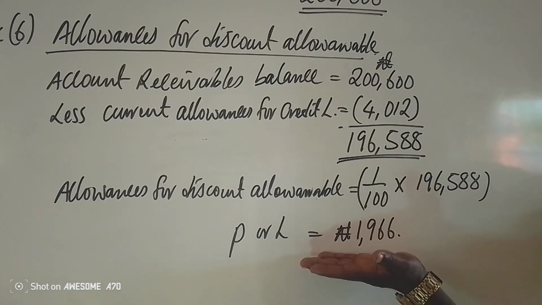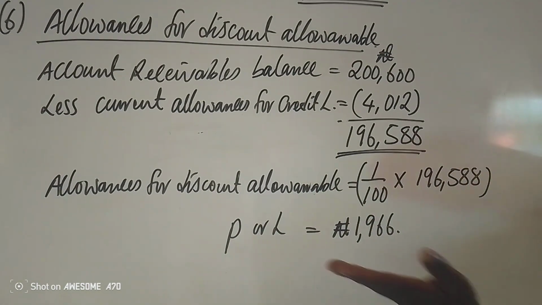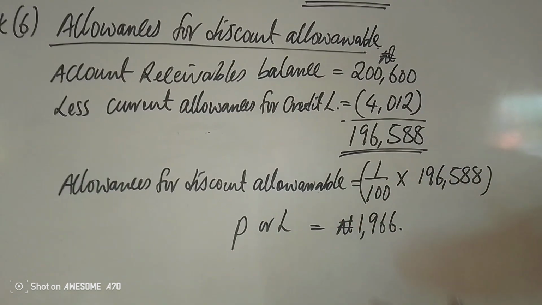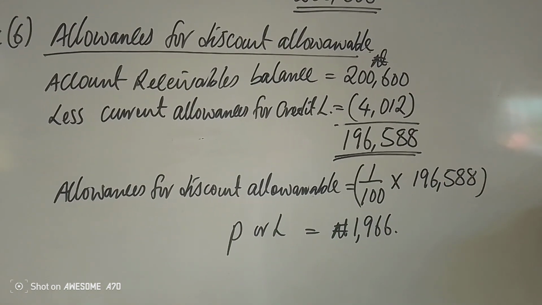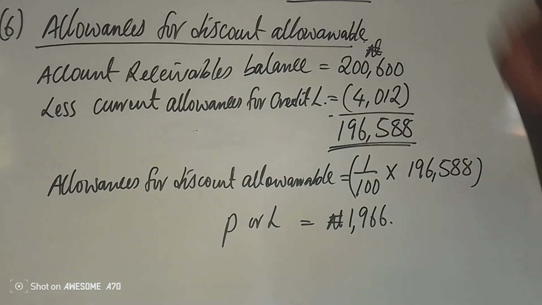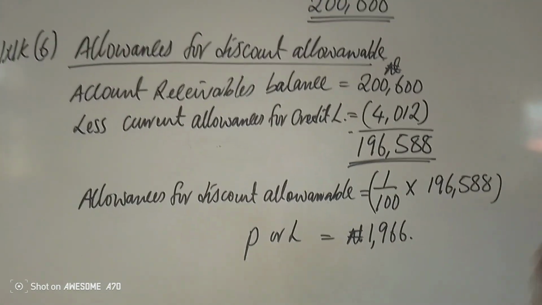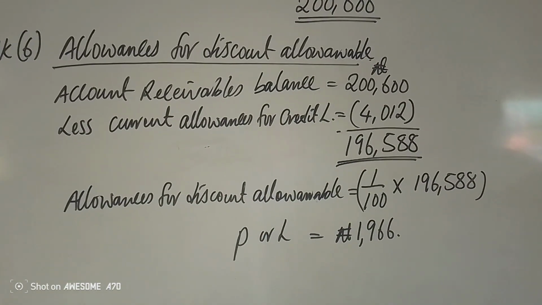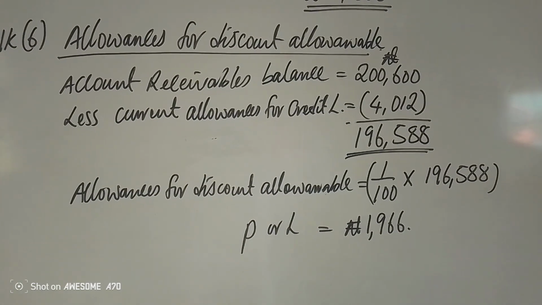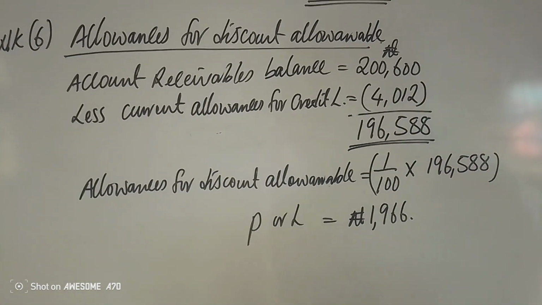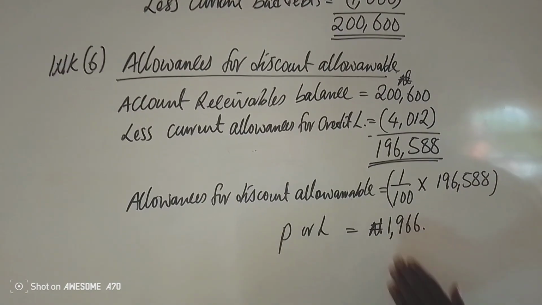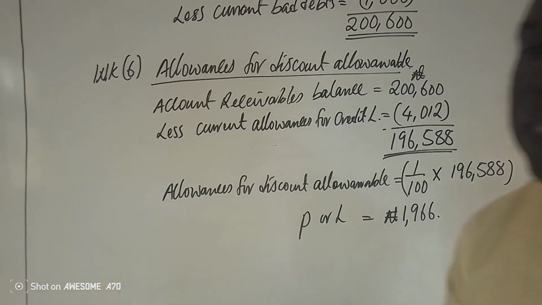So if it is only in the additional information as in this question, the result will be treated as an operating expense. But if the initial one is given, you handle it exactly as allowances for expected credit losses are treated. So this is how allowances for discount allowable are treated. Next, we look at depreciation.